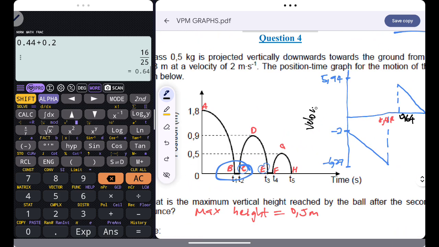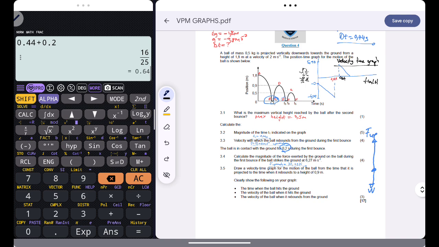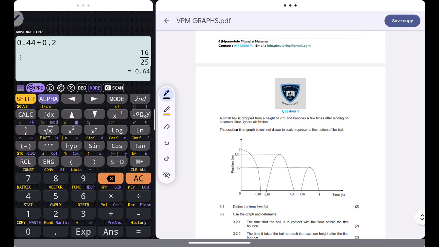There's velocity in meters per second on the y-axis, and then we have time in seconds, and then the heading is very important: velocity time graph. So that's how, guys, you're supposed to draw your velocity time graph, né? Okay, now let's move to the last question.